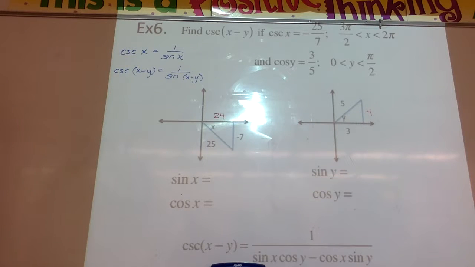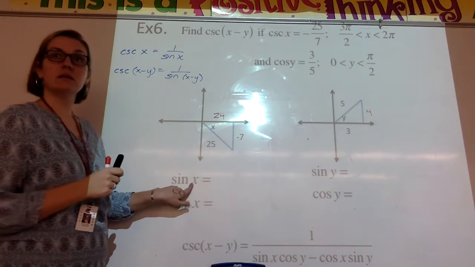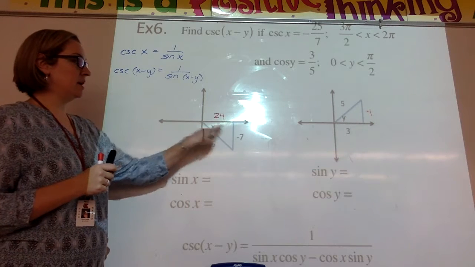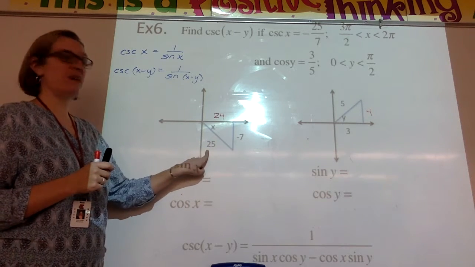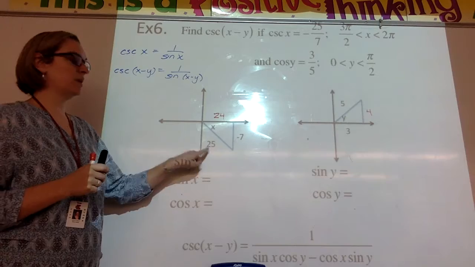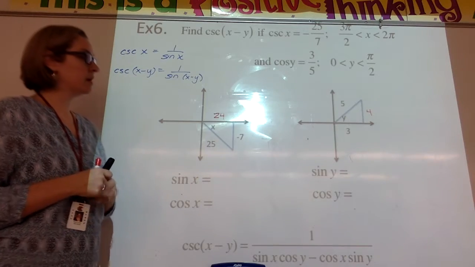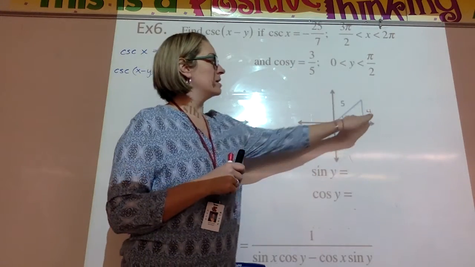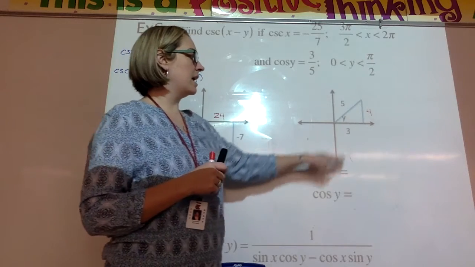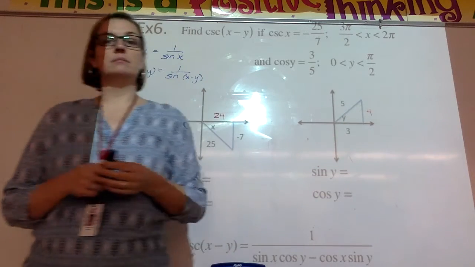Okay. So down here in the bottom, the sine of x is going to be negative 7 over 25. The cosine of x is 24 over 25. The sine of y here is 4 over 5, and the cosine is 3 over 5.